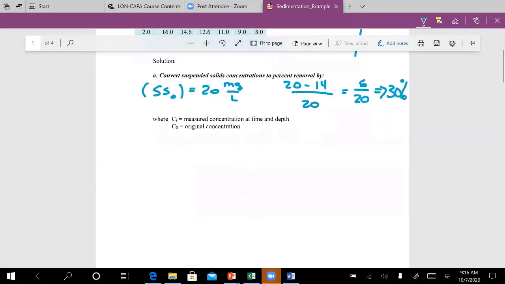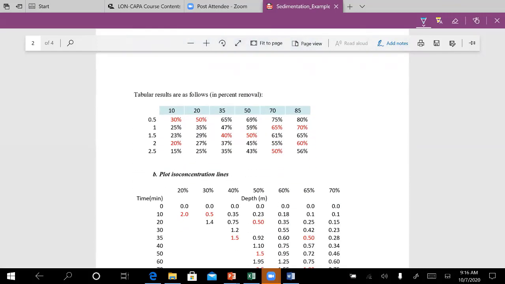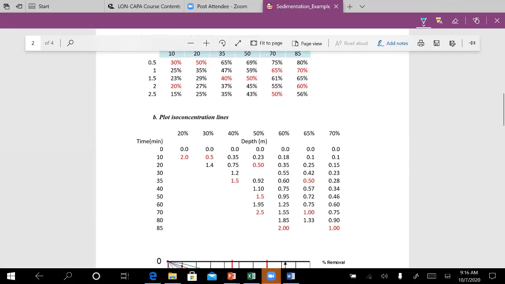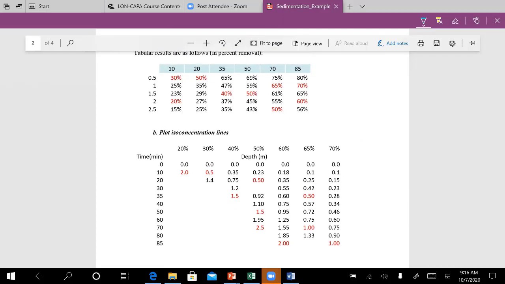What I've done here is take the data from above, and in Excel, I've calculated the percent removals. So that part's really straightforward. The next part is the challenging part. What we need to do is plot the iso-concentration lines.